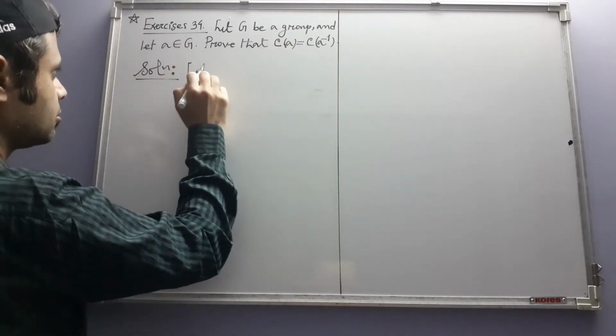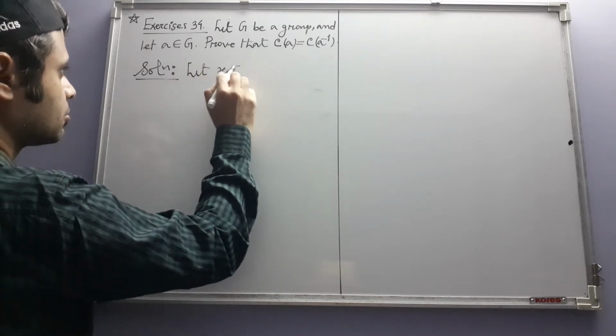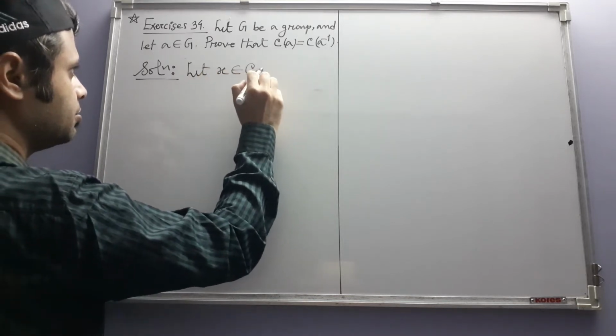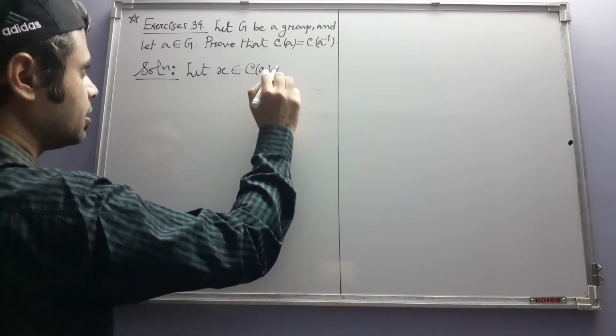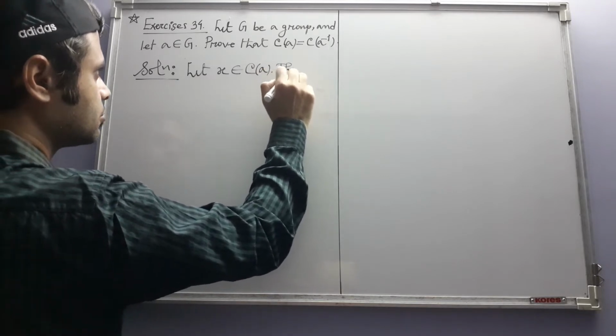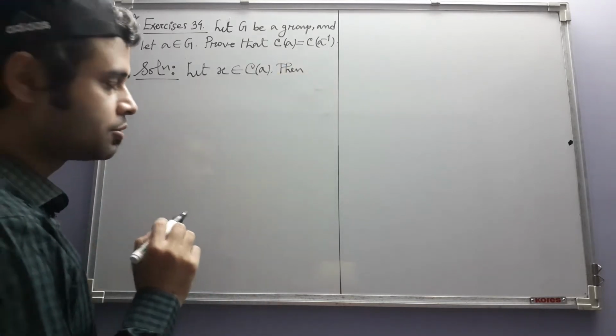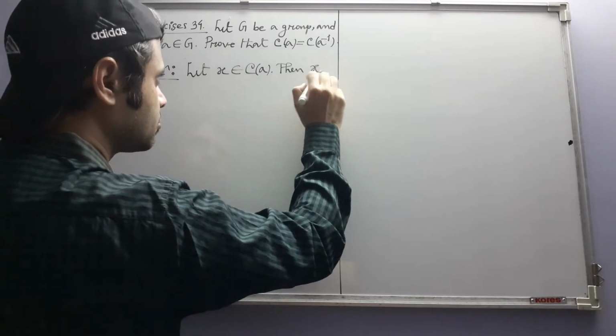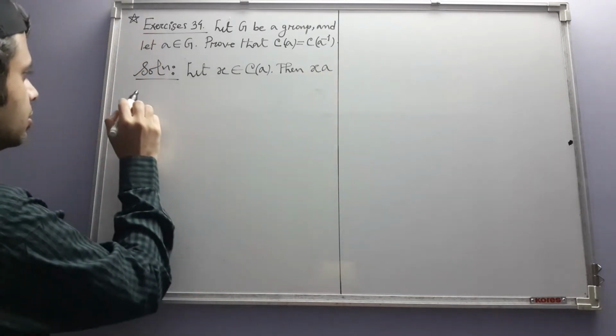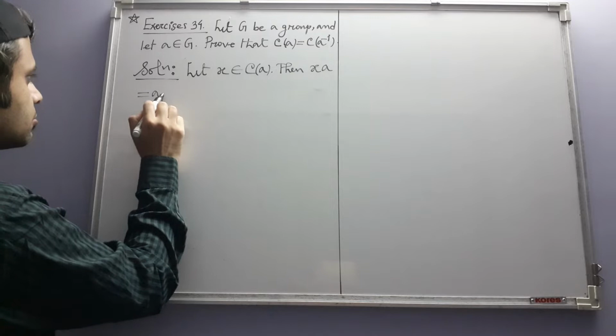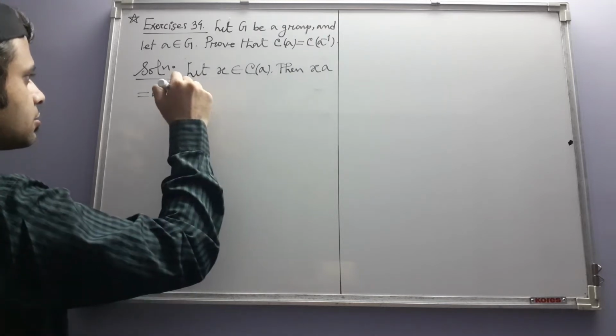So let X be any element in the centralizer of A. Then that means X commutes with A: XA is equal to AX.